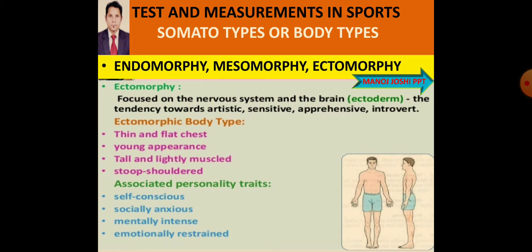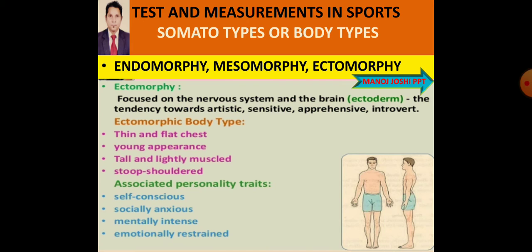These people are socially anxious because they are introvert. Introvert means they always keep their thoughts with themselves. They never speak everything to the public. They never tell whatever they are thinking, their emotions, what they are planning, what they are doing, to others. They always keep things confidential.